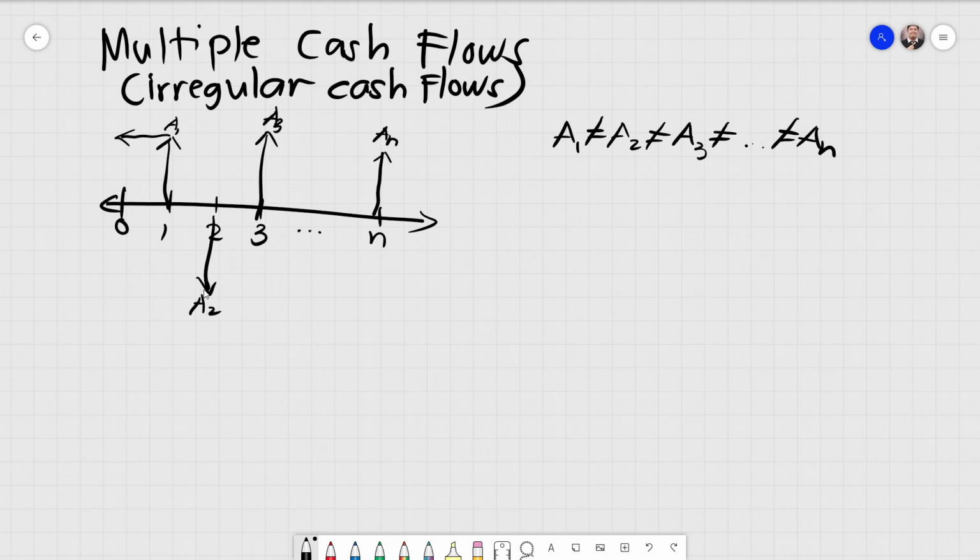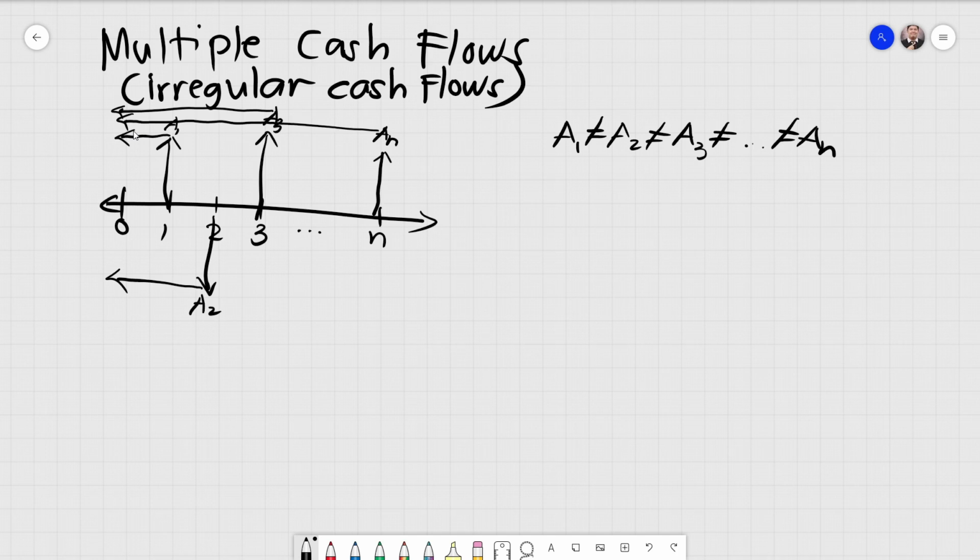So A sub 2, ganun din. Dadala natin siya sa year 0. A sub 3, idadala ulit natin siya sa year 0. And A sub n, the same case, idadala ulit natin siya sa year 0. So yan yung ating magiging working diagram sa pagkuha ng present value ng multiple irregular cash flows.